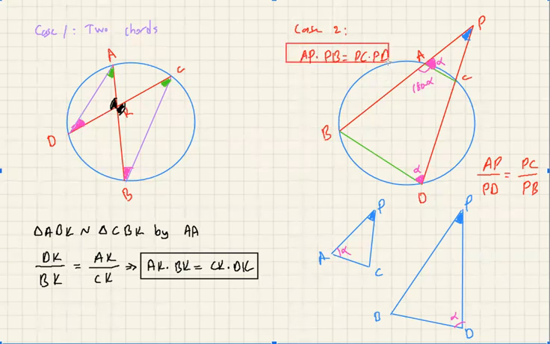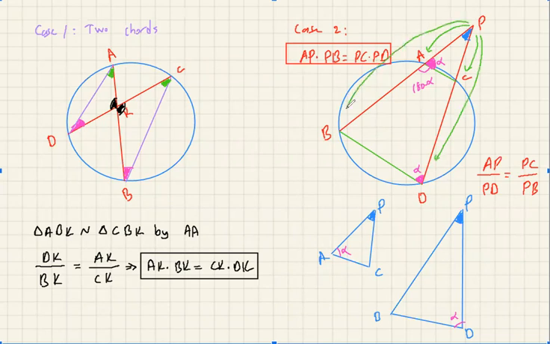Okay, so it's kind of the same as the first one, but it's a bit different. Let me try to help you understand what's going on. AP is the distance between that point and the first intersection with the circle. PB is the distance between the point and the second intersection. So this distance times this distance is equal to this distance times this distance.